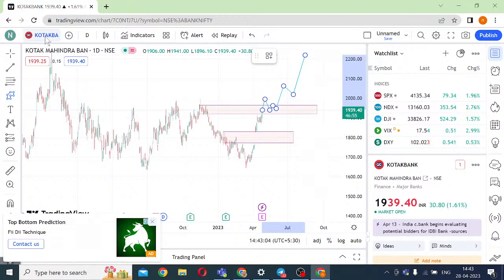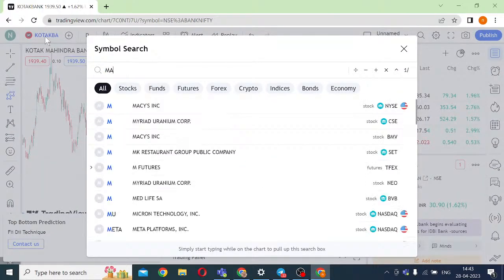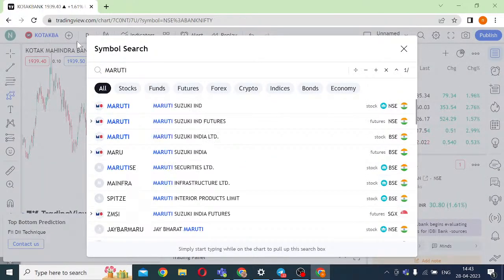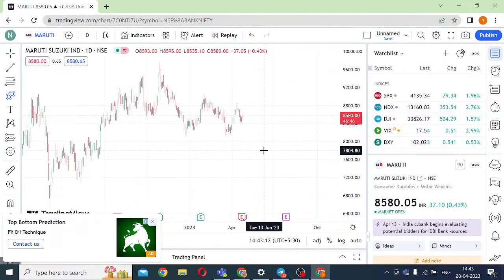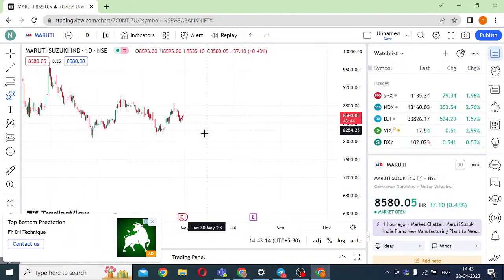I will get on to Maruti. Maruti again, if you see, it's a funny chart actually. It created a base below. Post that, if you see continuously, it's opening up, selling comes, and then again the buying comes.